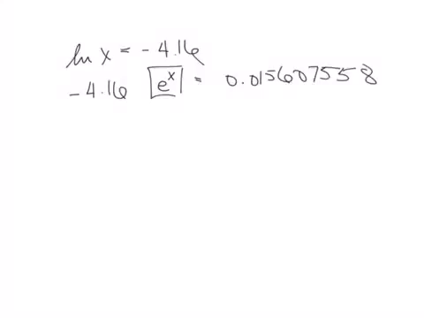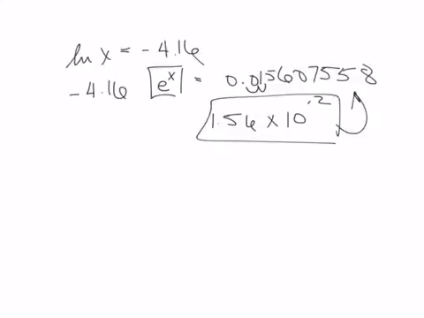Okay, so that number is kind of a pain in the neck, so let's just change it to 1.56 times 10 to the negative 2 power. So you moved it 2 places. This is actually just the scientific notation of that same thing. Either one is fine unless they ask you to put it in scientific notation. Doesn't look like they did.